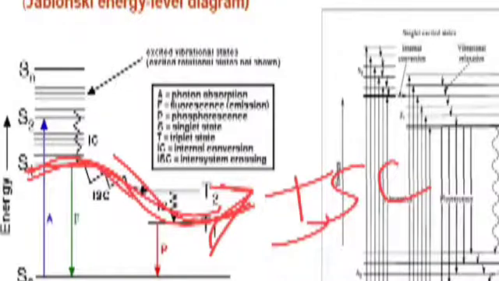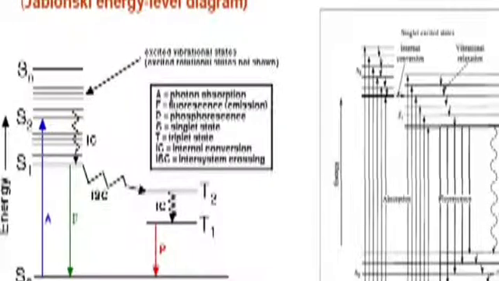When the electron gets transferred from the singlet state to the triplet state, that crossing is known as intersystem crossing. Okay, when the singlet state electron gets passed into the triplet state, what happened to this singlet state?